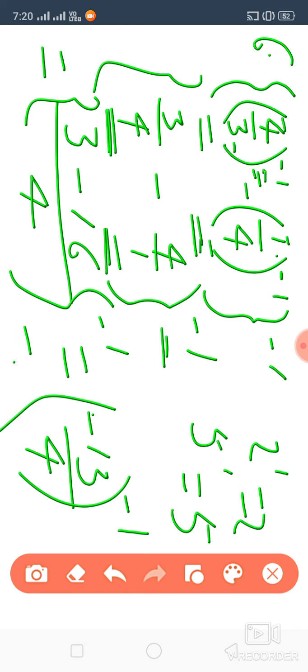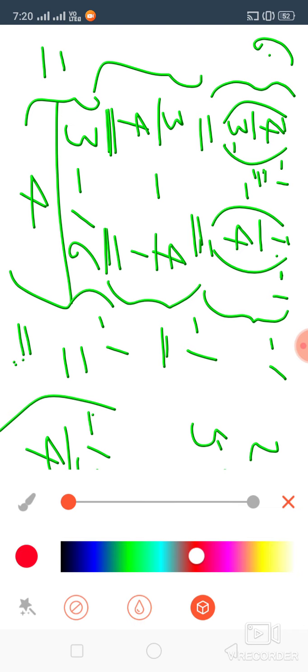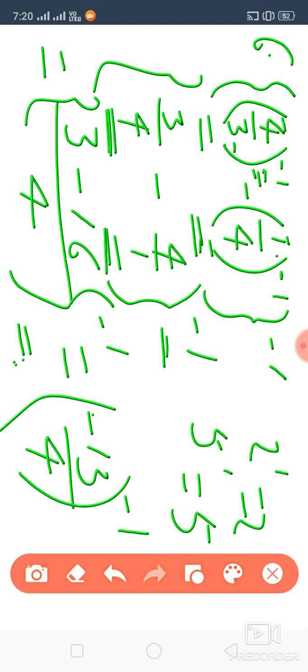Now look here, whole to the power minus 1 we are getting. Okay. So here the exponent is minus. So what do we have to do to make it plus? We have to take the reciprocal.